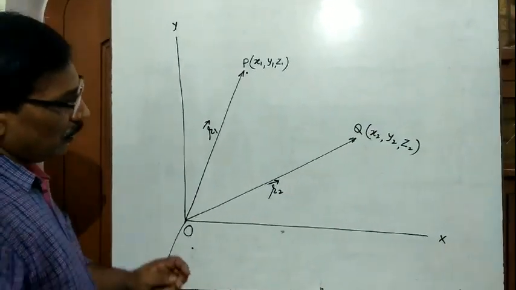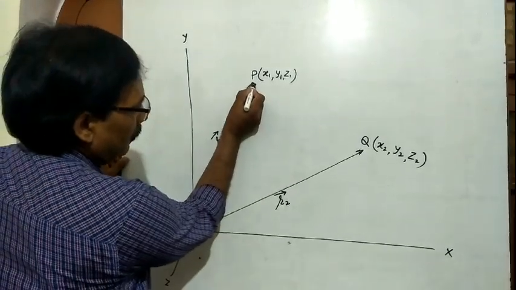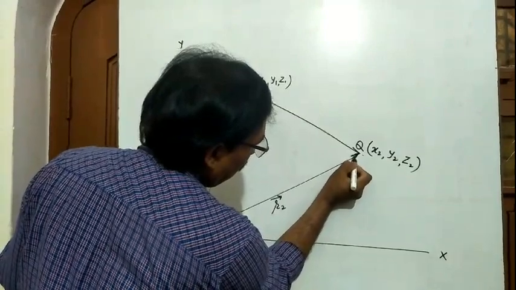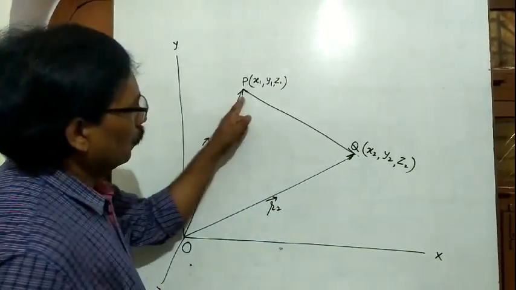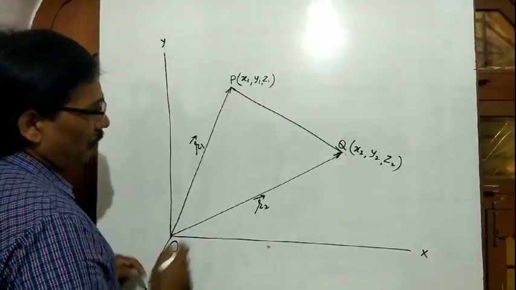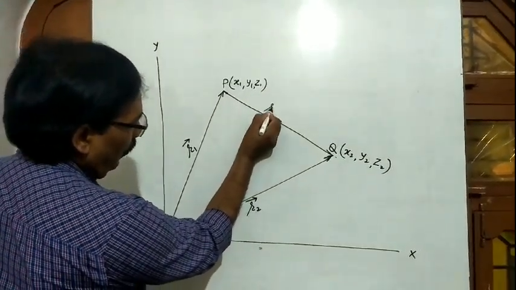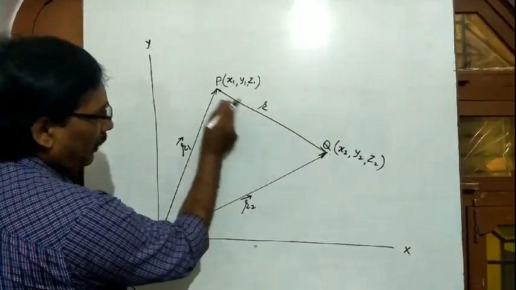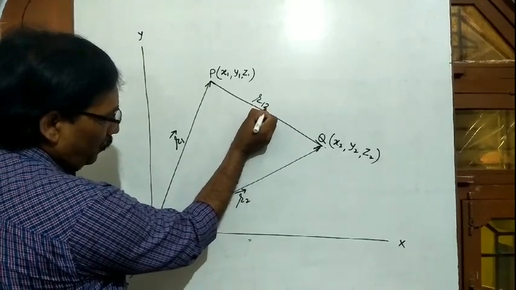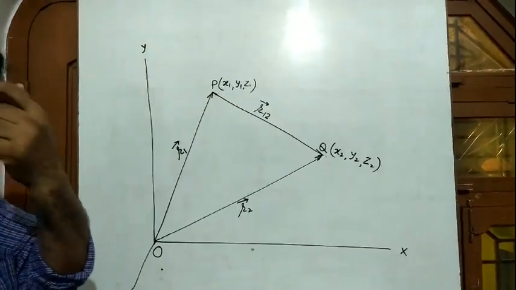Now, if we join P to Q, from P to Q, it is written as vector PQ or we write as vector r12, from 1 to 2.